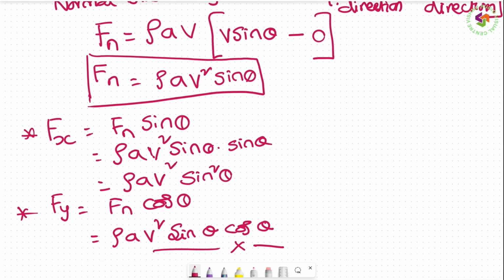With this, I will stop the first lecture, and in the second lecture I will complete the other three parts, so that we will complete all the stationary plate cases.